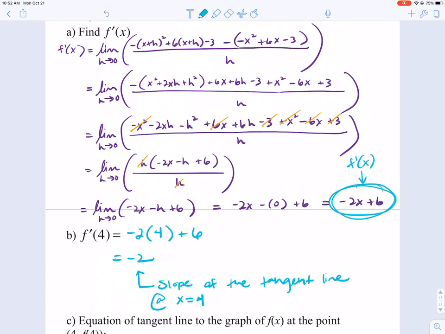So that means as x is getting larger, going to the right from x equals 4, the function values are going to be getting smaller since the slope of the tangent line at that point is negative.